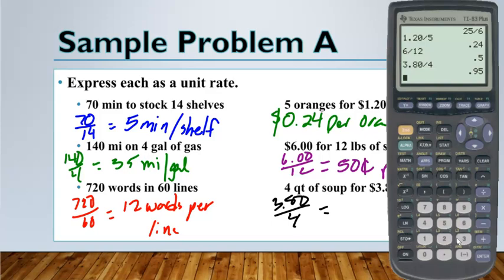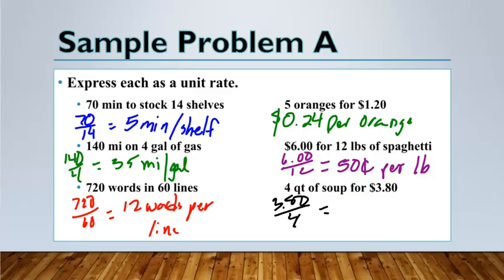That gives us 95 cents per quart. So all those would be unit rates: the rate per shelf, per orange, per pound of spaghetti, per quart, per line.